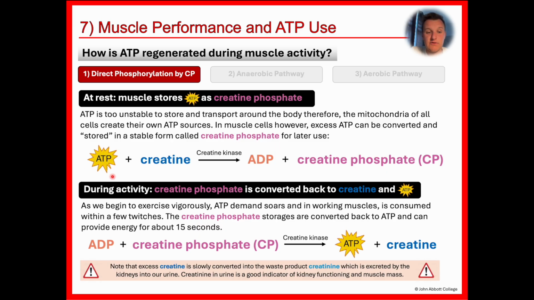And this is how they do it. When you have too much ATP you made, plus creatine, through the enzyme creatine kinase. Kinases are enzymes that add phosphates. So adding a phosphate to creatine, it'll take the phosphate away from ATP, which has three phosphates, and put it onto the creatine.